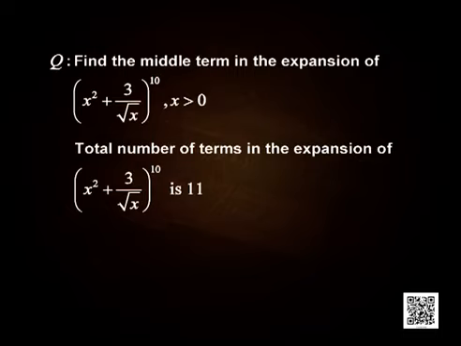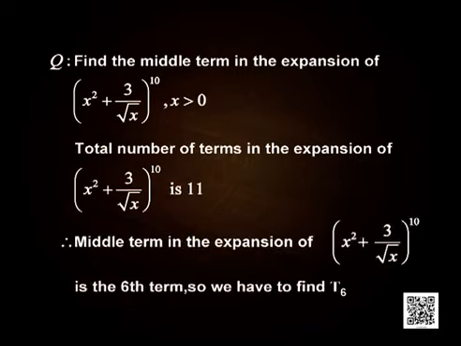So, we are looking at 11 terms in the expansion, middle term is the 6th term. So, we have to find T6. Again our general term T(r+1) is nCr a to the power n minus r b to the power r, and therefore, to find T6, r will take the value 5.